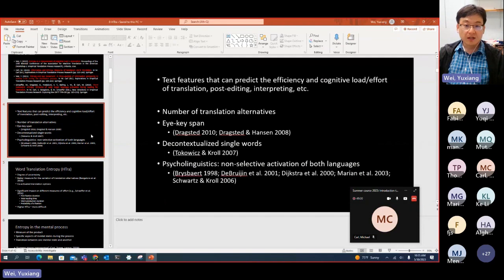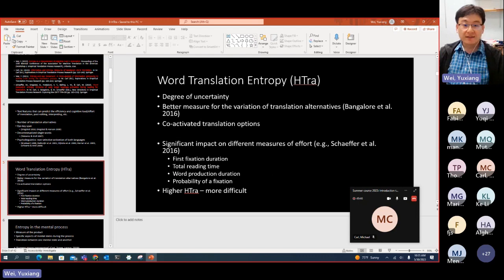In a previous slide, I've shown that the number of translation alternatives, or how many translations there are for a specific source text word, is related to various aspects of behavioral data. But here, instead of counting how many alternatives there are, it is perhaps better to use the entropy that's calculated from these translation alternatives. From a cognitive perspective, that will represent the co-activated translation options upon the encounter of the source text item.